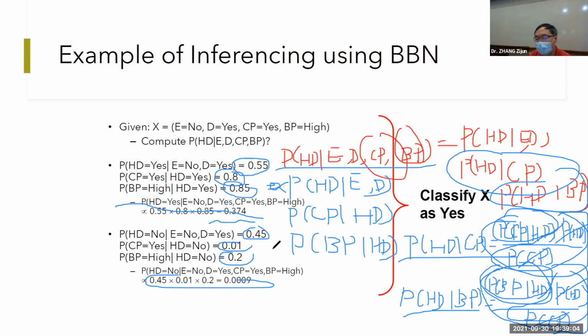It does not matter, we can change the order, because they are independent. Whatever position they are in does not matter. So based on such results, we will say this person has heart disease.